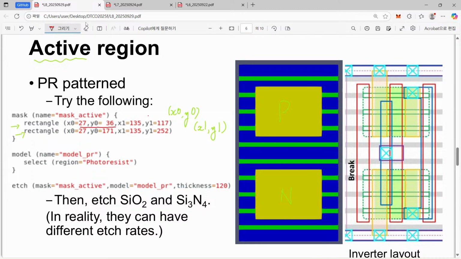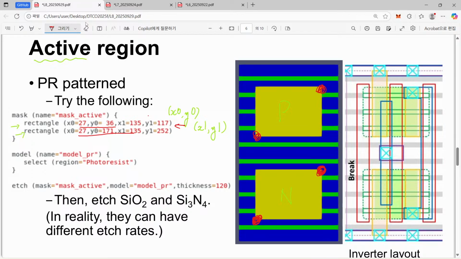27, 36, that will be corresponding to this point, and 135 and 117, that is corresponding to that one. So we are specifying this NMOSFET well part, and another one, this top one, is corresponding to these 2 points.